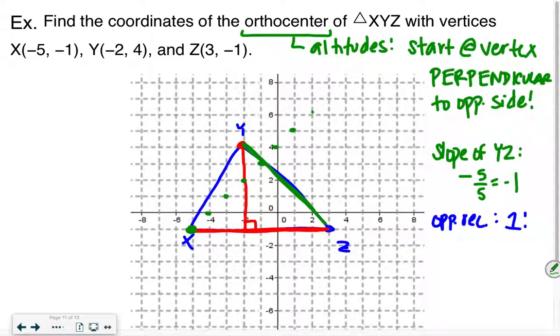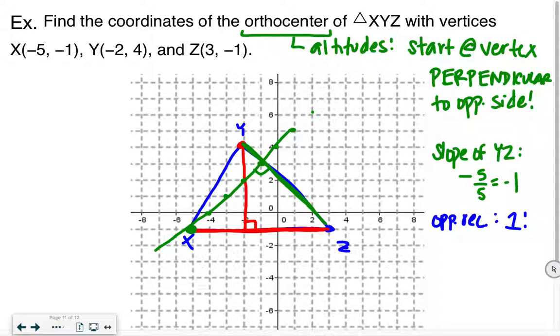And then our two lines, and now it crosses at a right angle, that green line. If you look at the two green lines, I'm trying to color code here, the two green lines should look like they cross at a right angle. And then where those two altitudes cross is going to be your orthocenter.